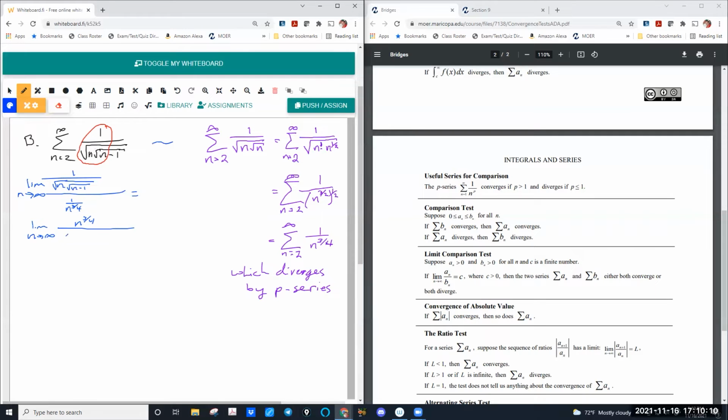So let's go ahead and just do that now. So n times (n minus 1) to the 1/2, all to the 1/2.